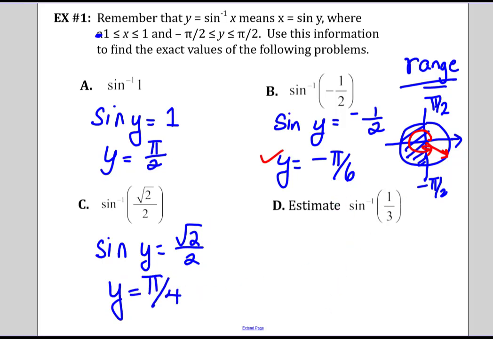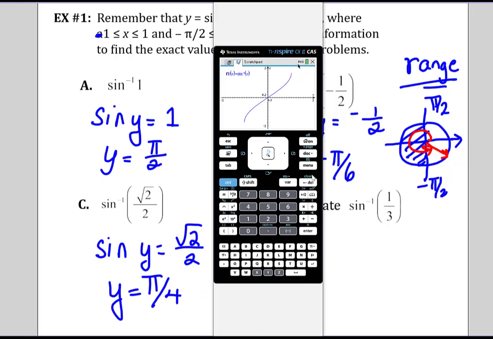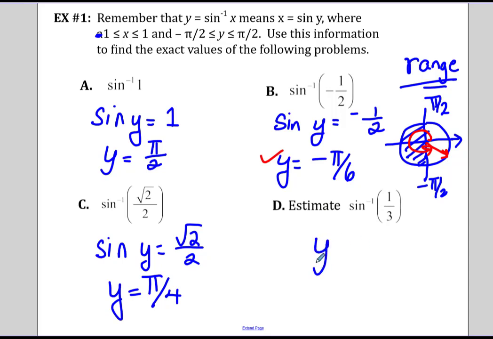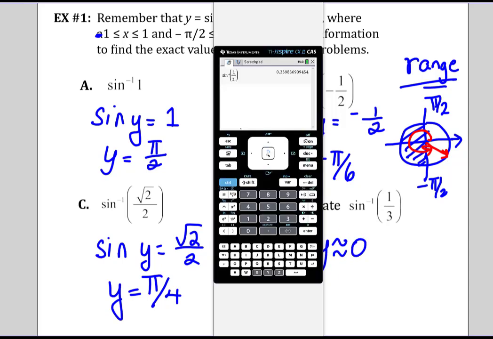And then this last one, we need our calculator, and sine inverse is right there on the calculator, and we want the sine inverse of 1/3. I'm going to put a decimal there, so it's going to give us a decimal answer, and that decimal answer is about 0.3398.